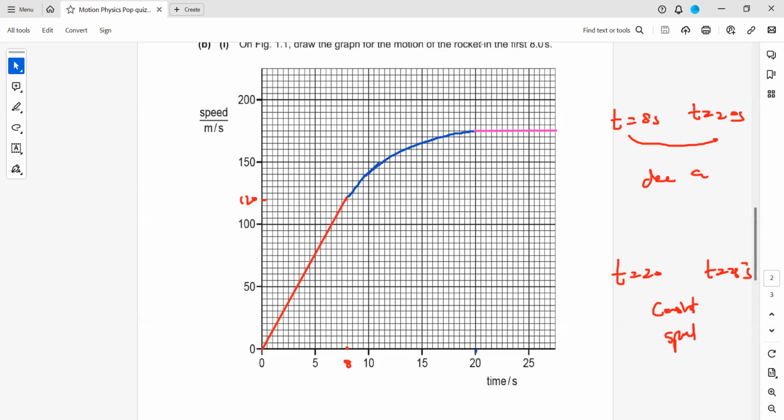So the first part of the graph has a constant acceleration. The second part of the graph has a decreasing acceleration. And the last part of the graph has a constant speed, or zero acceleration. Is it clear?